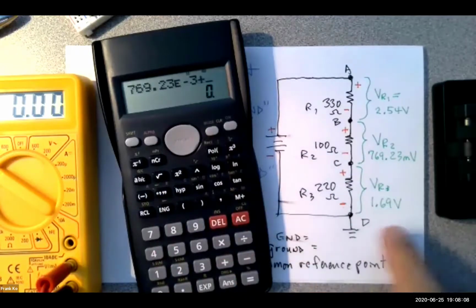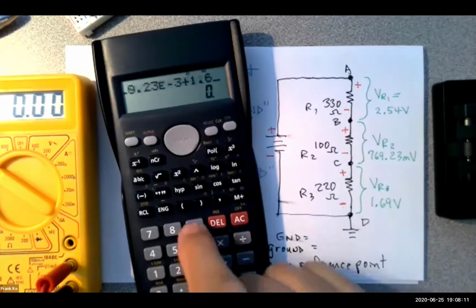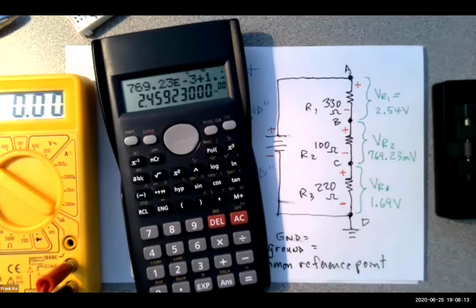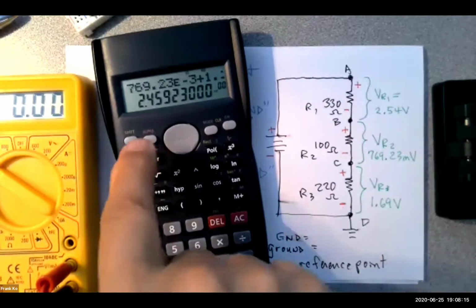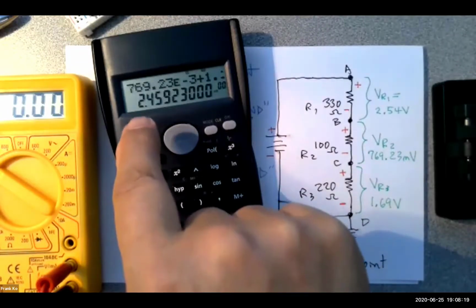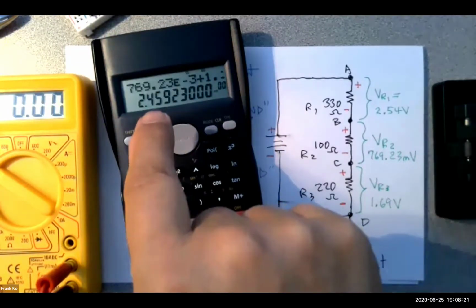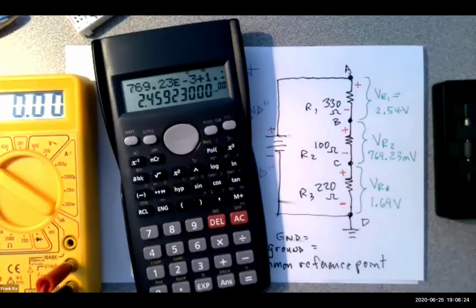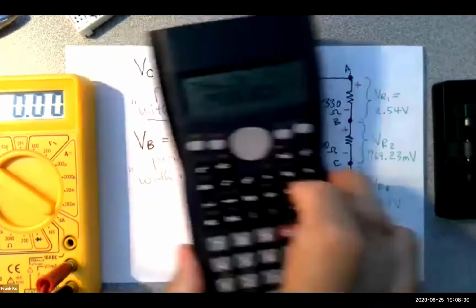Then you're going to add that to my 1.69. And when you do so, what do we get? We should have something that we would round off to be 2.46, yes? 2.46 is what should be our target if we want to measure from B to ground, 2.46 volts.